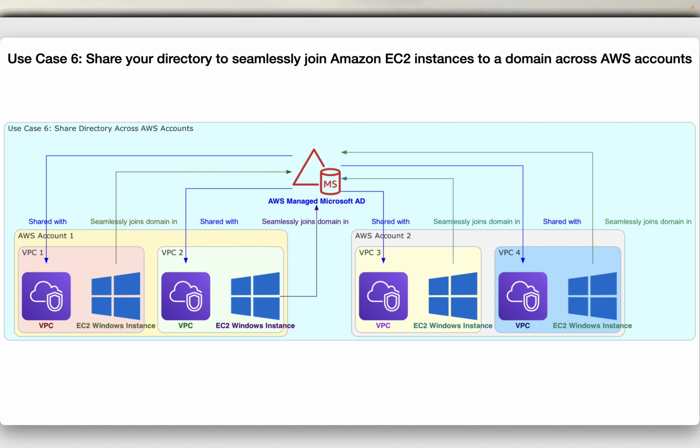This capability makes it easier and more cost effective to manage directory aware workloads with a single directory across accounts and VPCs. You can now manage your Windows workloads deployed in EC2 instances across multiple accounts and VPCs easily by using a single AWS managed Microsoft AD directory.